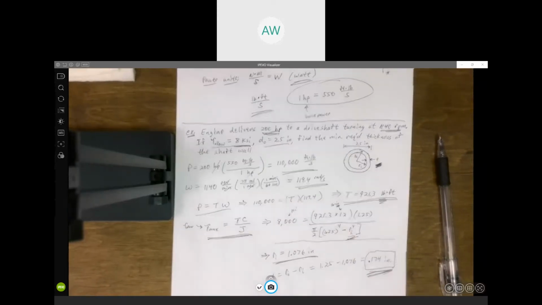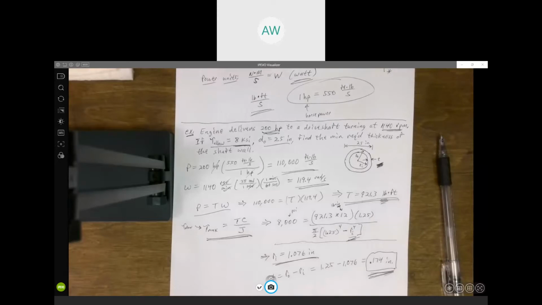All right, questions about this one? There's some good examples in the textbook, similar to the two we worked here so far today. Certainly encourage you to look at those.